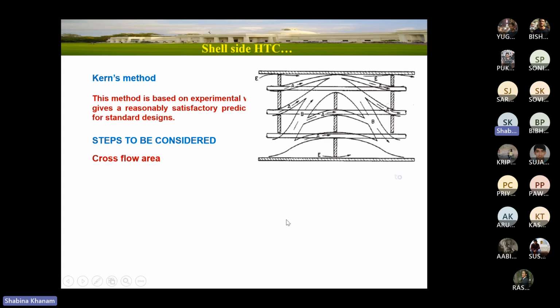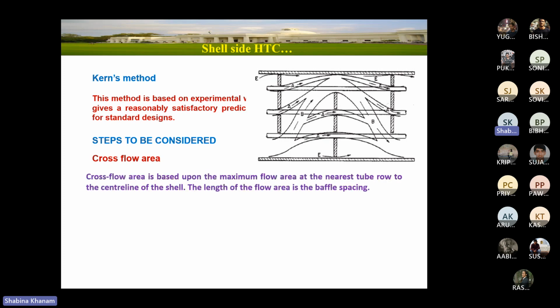Now in Kern's method, what we have considered for cross flow area, this area is based upon the maximum flow area at the nearest tube row to the central line of the shell. Please try and understand, this is not easy.